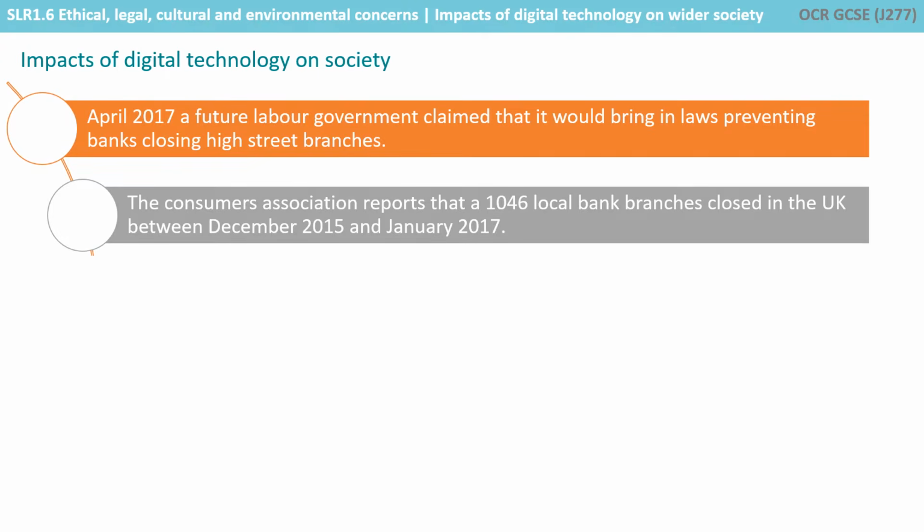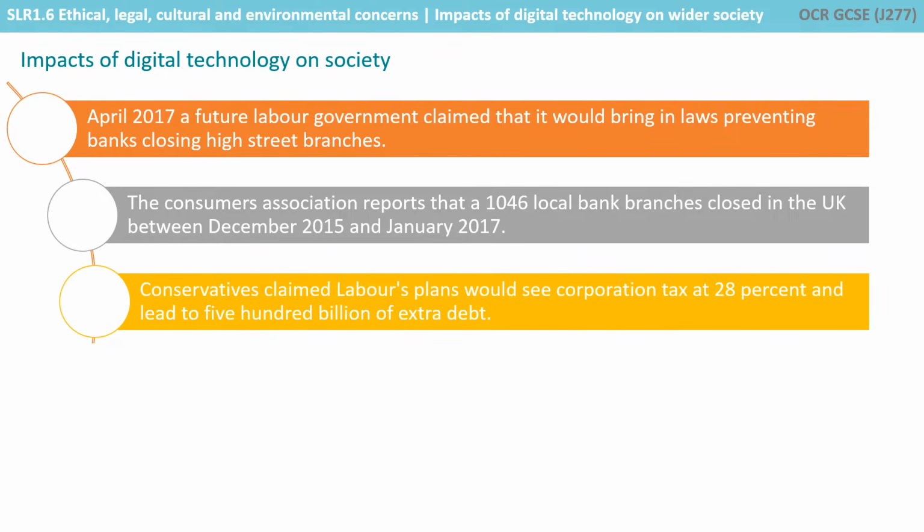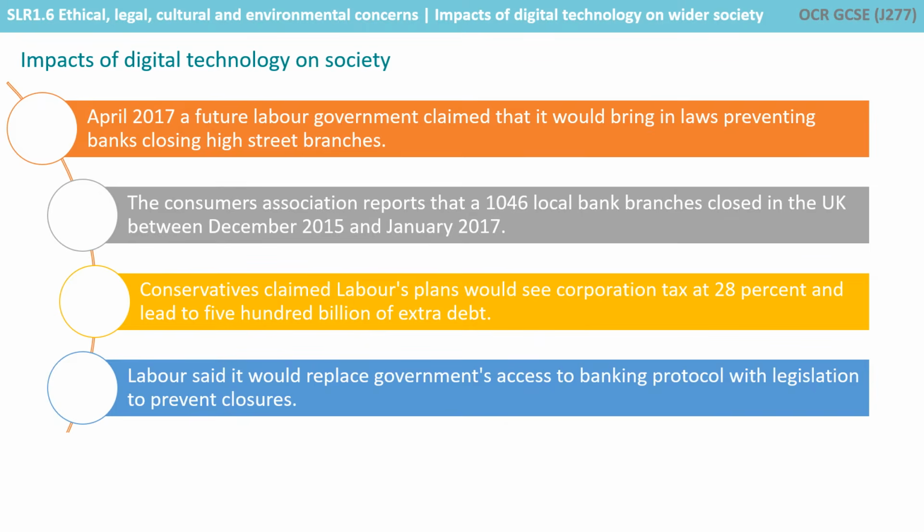The Consumers Association reports that 1,046 local branches closed in the UK between December 2015 and January 2017. The Conservatives claimed Labour's plans would see corporation tax at 28% and lead to £500 billion of extra debt. Labour said it would replace government's access to banking protocol with legislation to prevent closures.